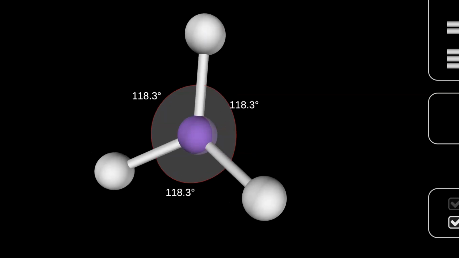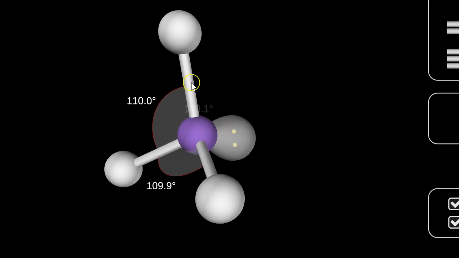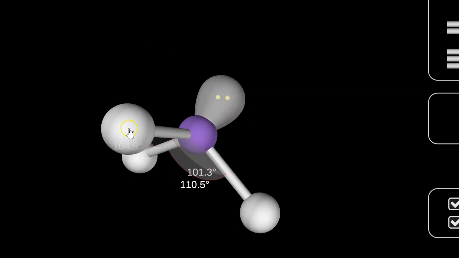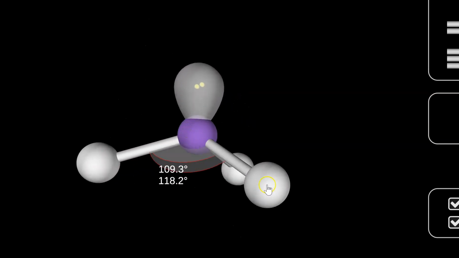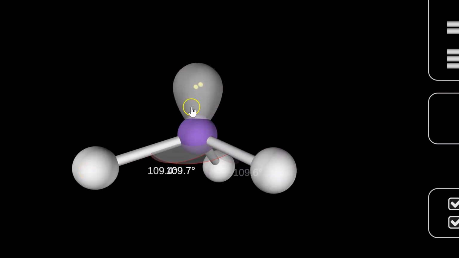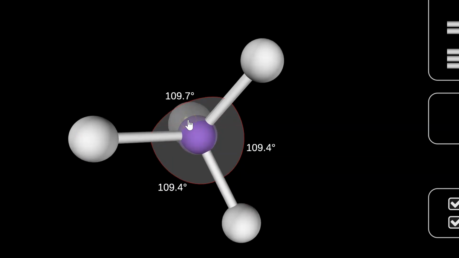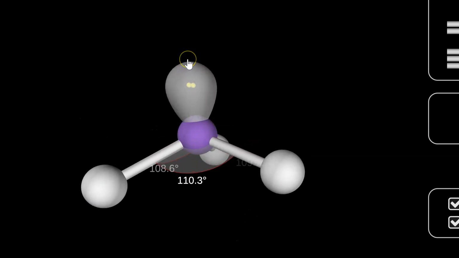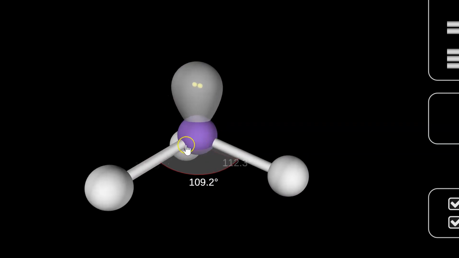And let me replace one of the bonds with a lone pair. You can see I still have my 3 peripheral atoms at the base of the pyramid, just like we had before.